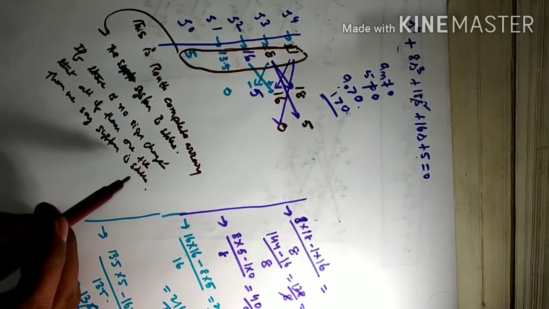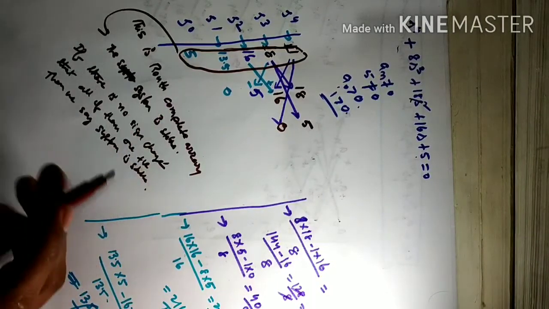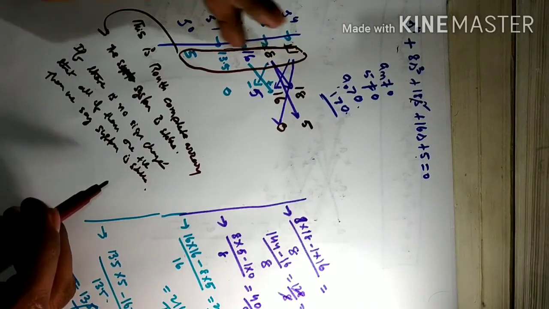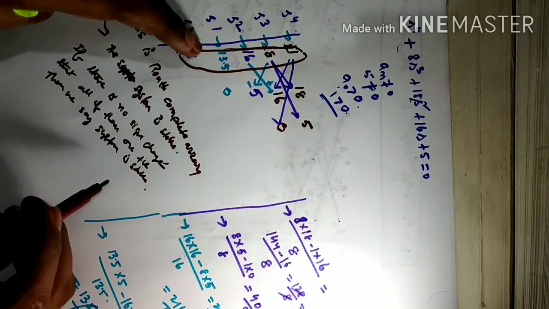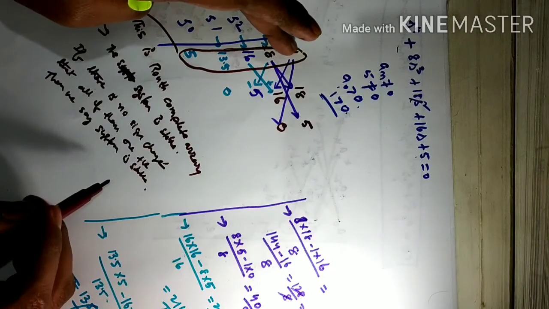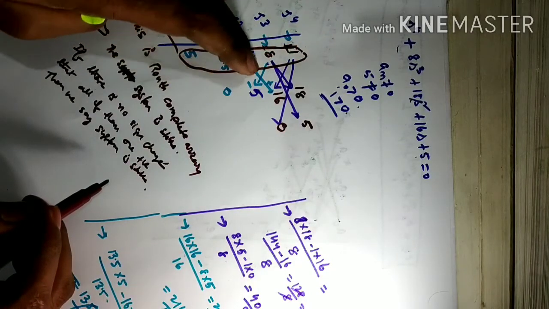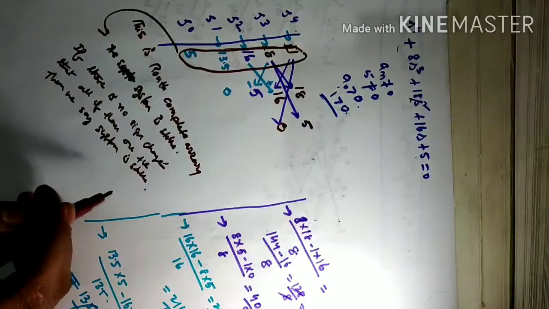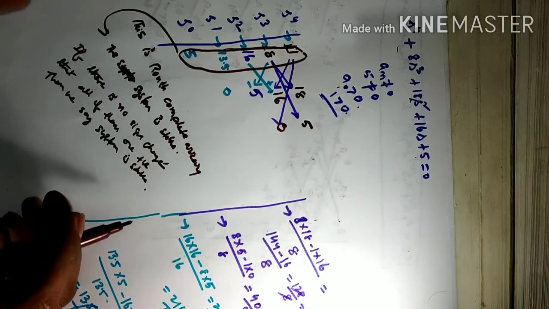What we have observed here is that the first column elements are all positive. In other words, when you examine the first column, there are no sign changes, so we say the system is stable.